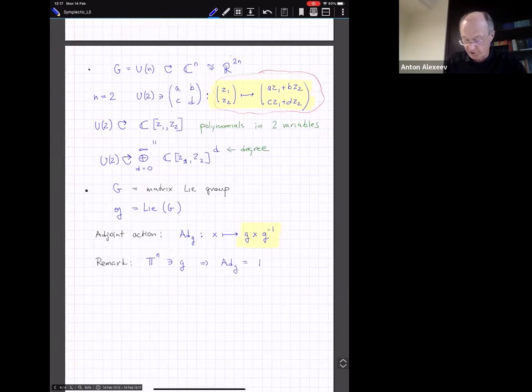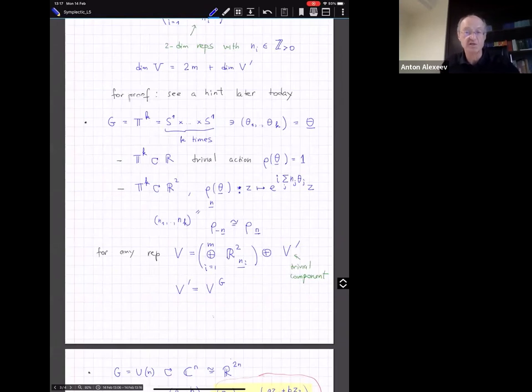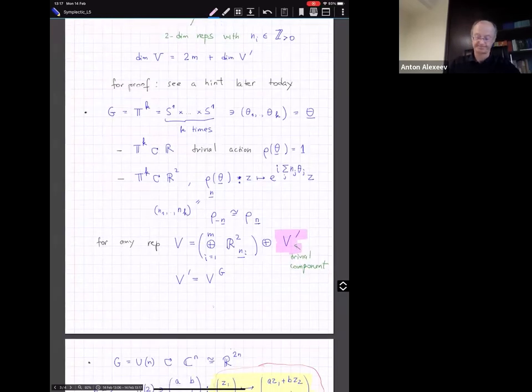So Ad g is equal to 1 for all g. We now have a complete classification of representations of T, and for the adjoint representation, we only have a trivial component. There is nothing else.